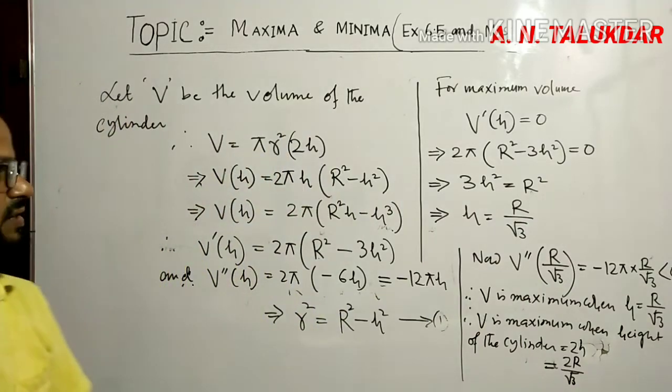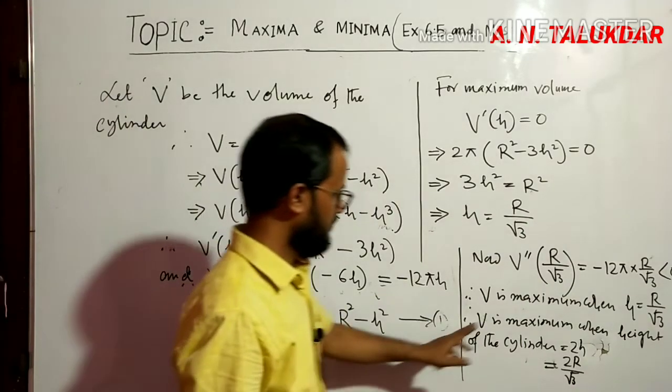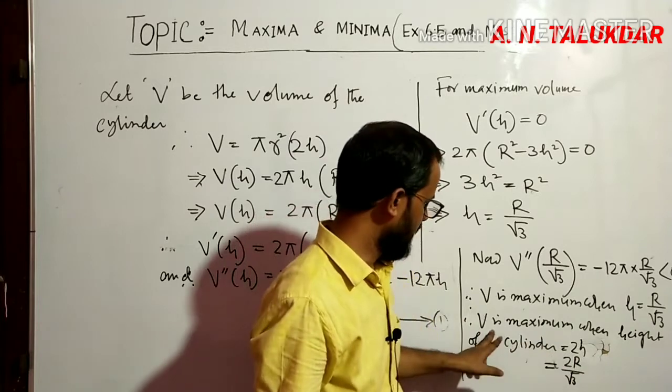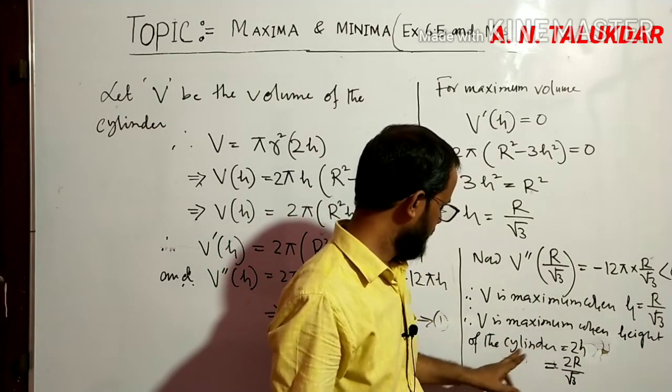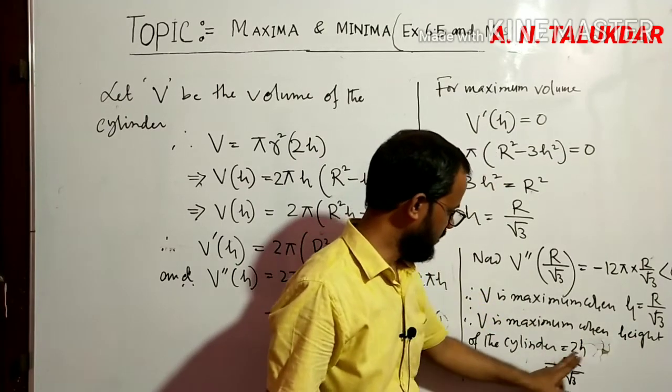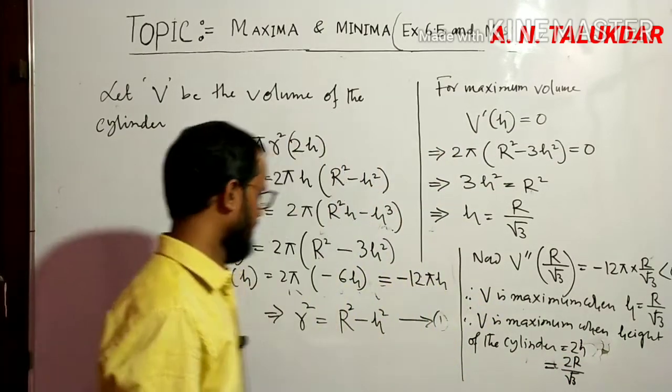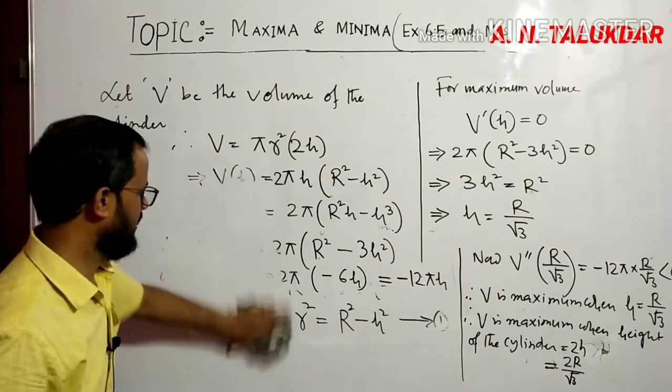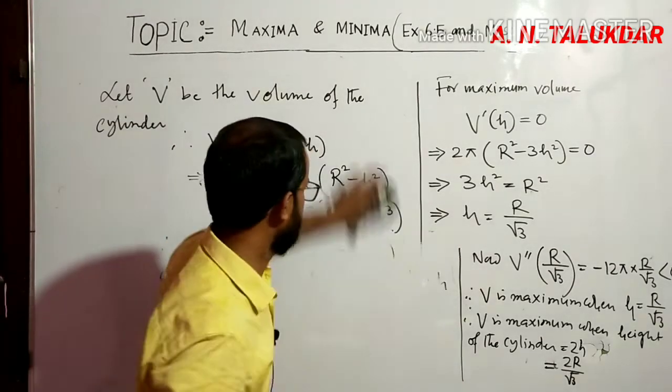So finally what we get? The first part of the problem is over. The volume of the cylinder is maximum when the height of the cylinder is equal to twice R by root 3. Now you have to find the maximum volume. Second part of the problem.